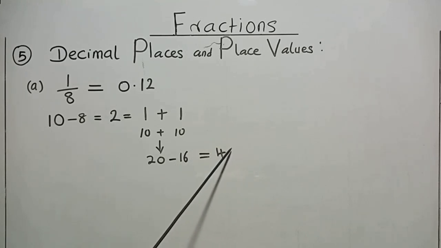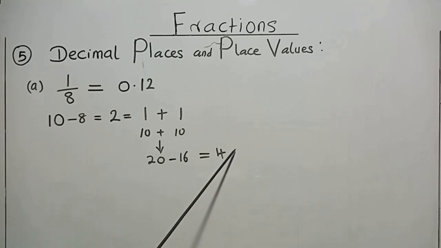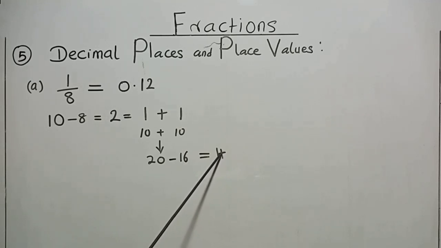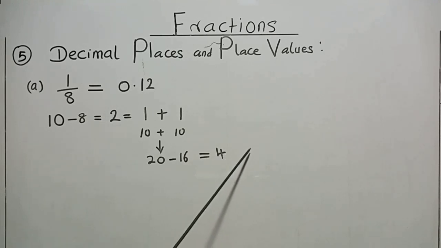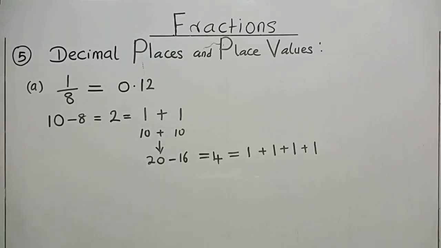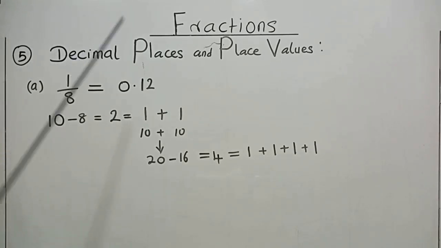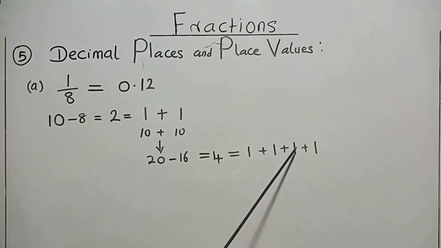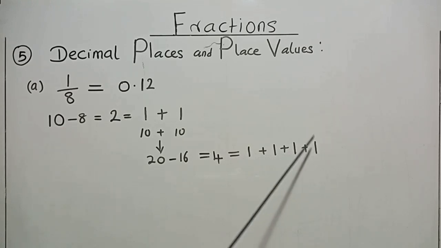That is, certain numbers add up to 4, and those numbers each are 1. Let me write 4 as 1 plus 1 plus 1 plus 1. Please watch. And here it comes. This 4 is the same thing as 1 portion plus 1 portion plus 1 portion plus 1 portion.